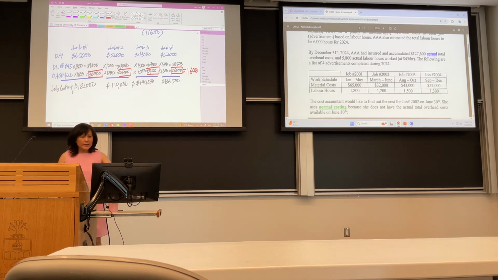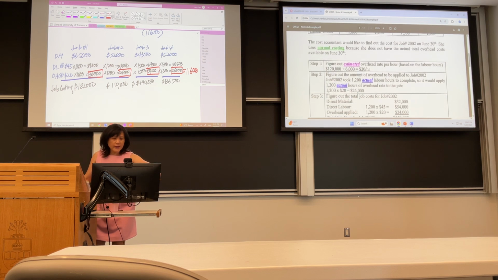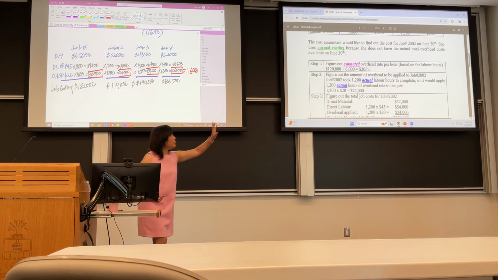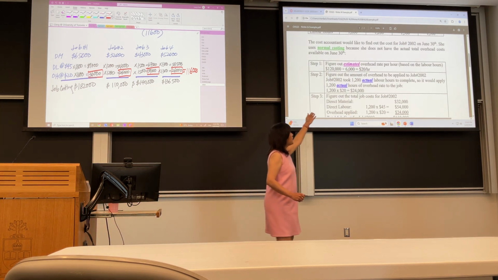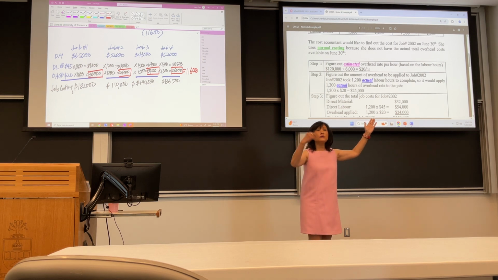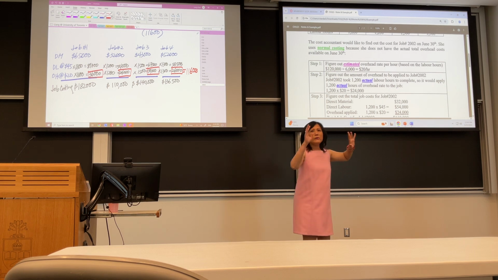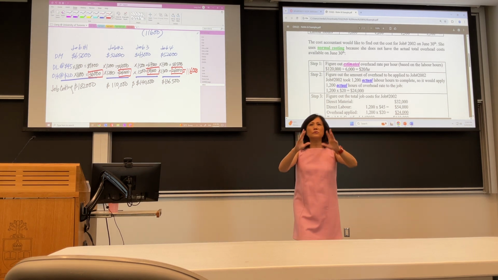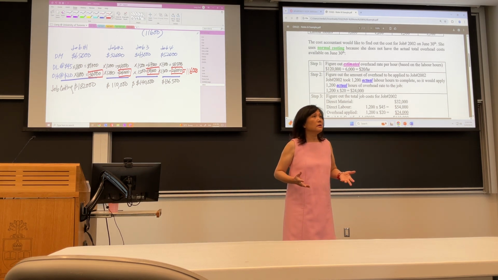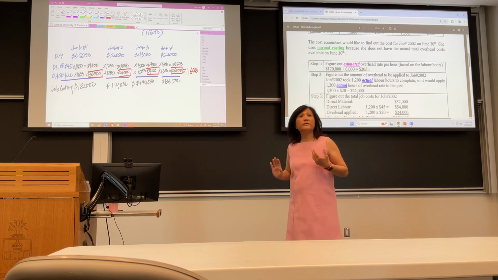Okay, so now let's take a look at this question. Step number 1, we figure out the estimated predetermined overhead. How much we're going to charge for overhead? Because in the beginning, we don't know. So we say, okay, $20 based on estimate. Now, this question only asks you to do job number 2, but I show you everything.